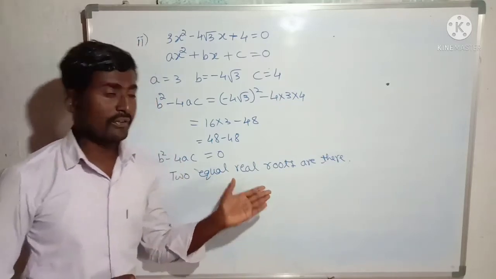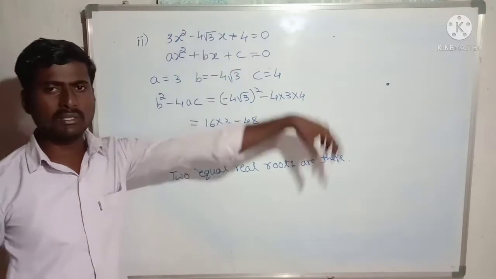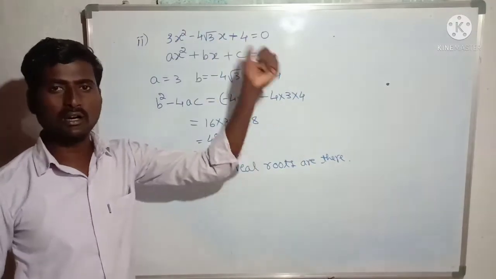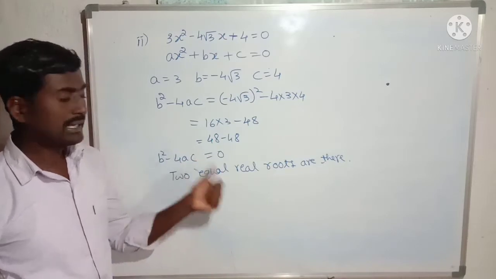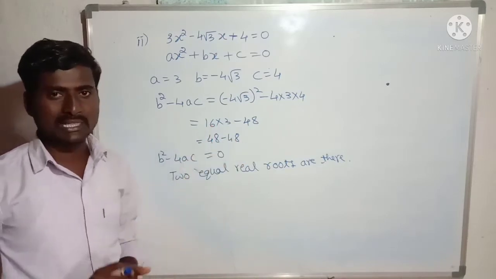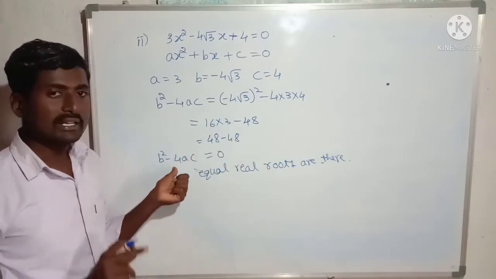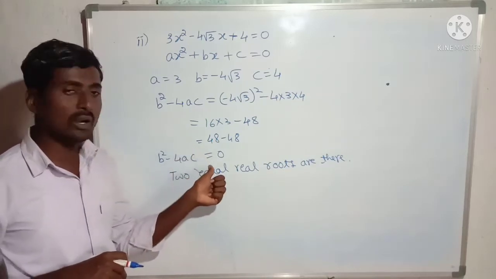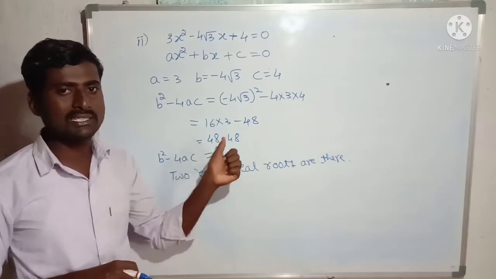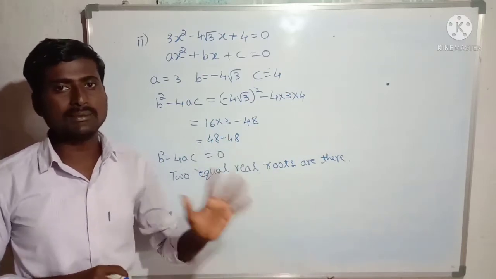We can find them by the factorization method, the completing the square method, or the formula method. For this case, it is better to follow the formula method, because in that formula there is the term b square minus 4ac, which we already got. We can directly substitute it, so in easy steps we will get the answer.